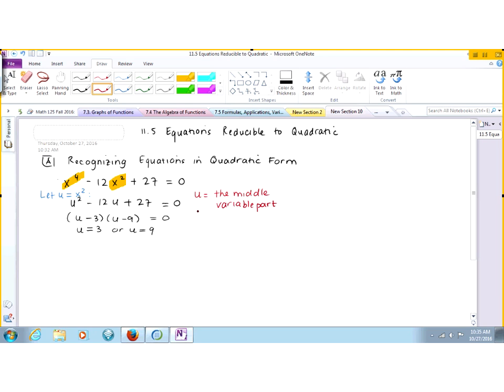And you also need to make sure that you have a u squared. The middle variable part doesn't include the coefficient. Without the coefficient, and make sure to have a u squared.